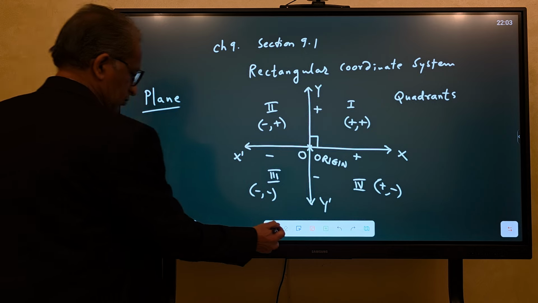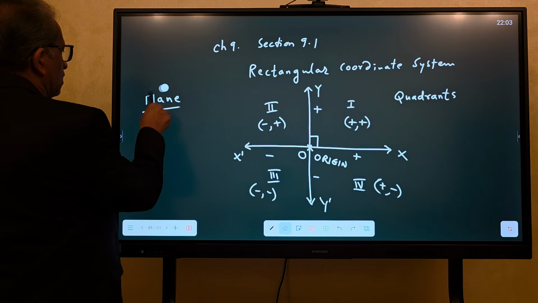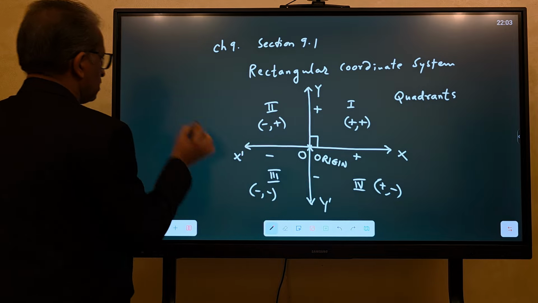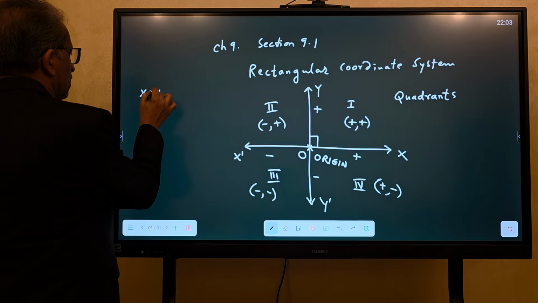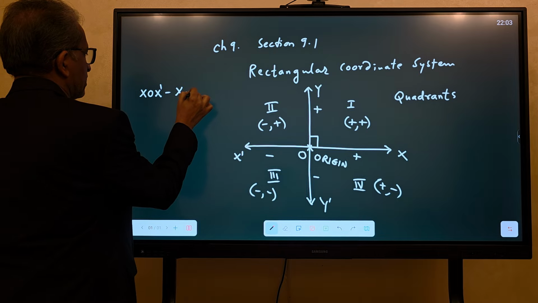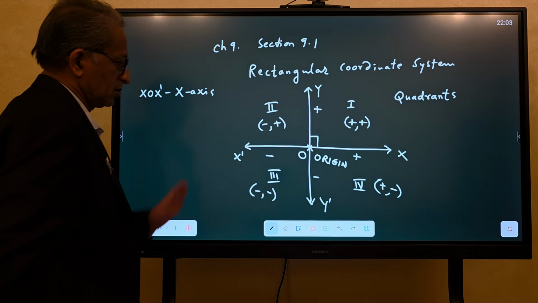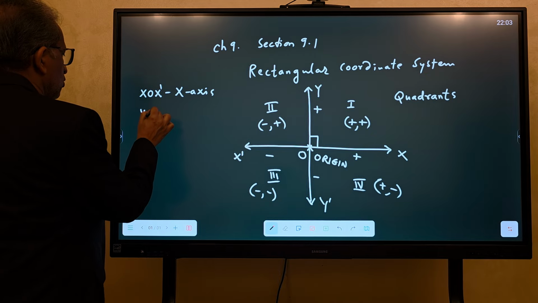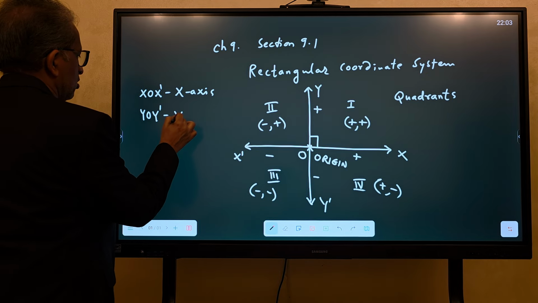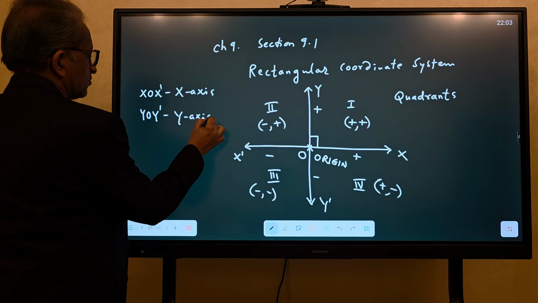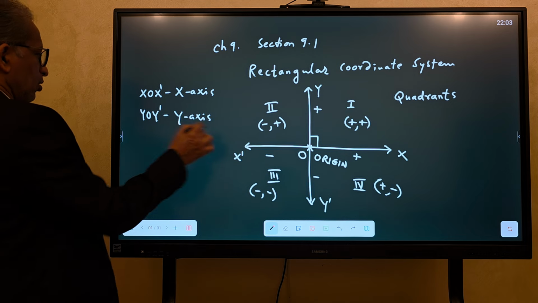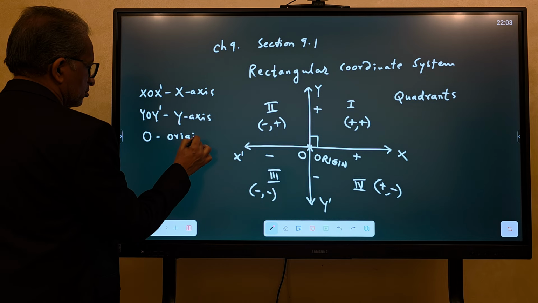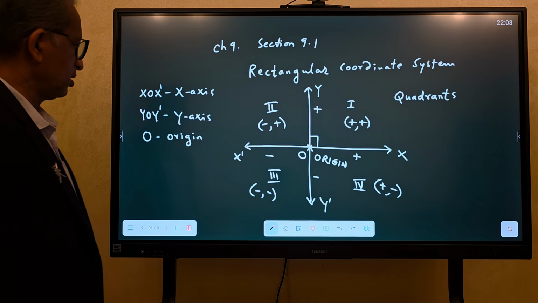Now let's come to what these things are called. Remember here we have X, O, X dash. This is called the x-axis, the horizontal line. Y, O, Y dash is called the y-axis. And O is called the origin.